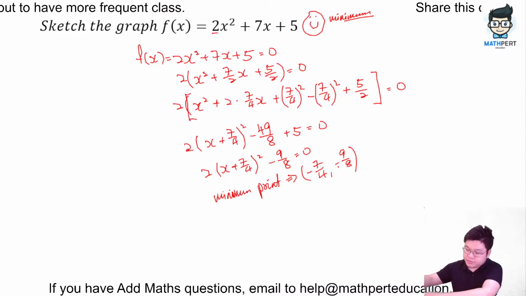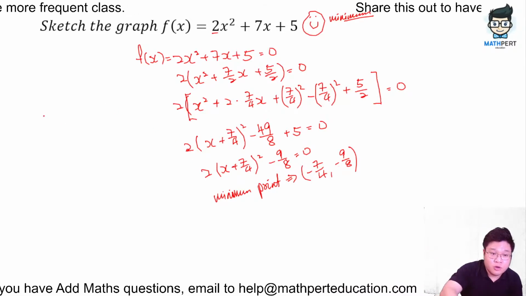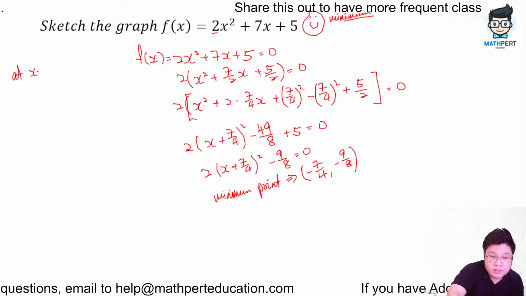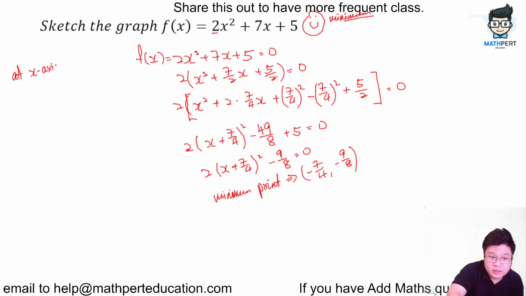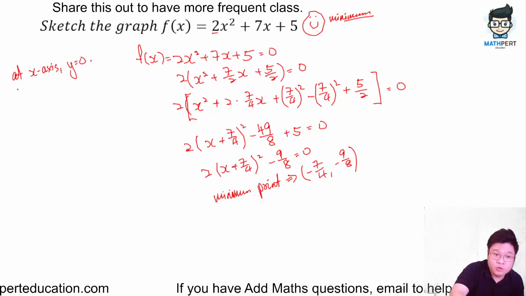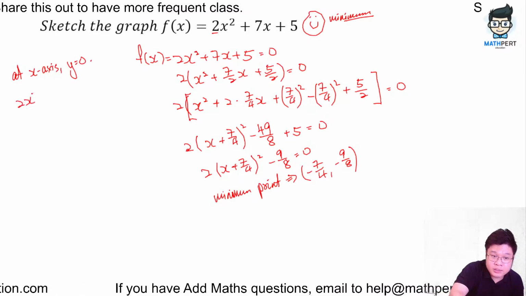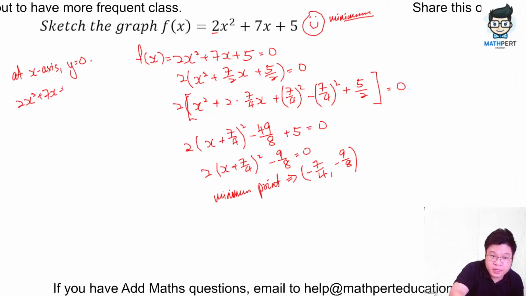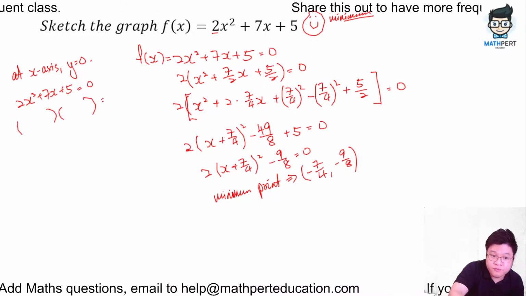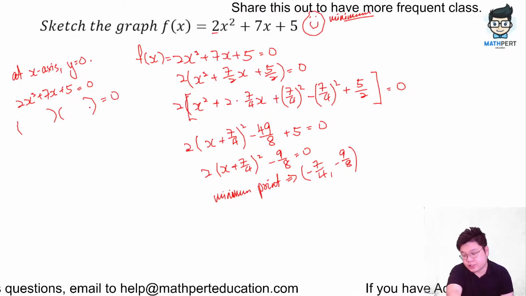Where is it? So at x-axis, y equals 0, isn't it? So that means 2x squared plus 7x plus 5 equals 0. So now you can use factorization.